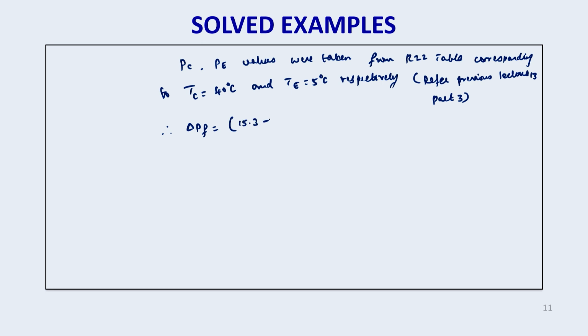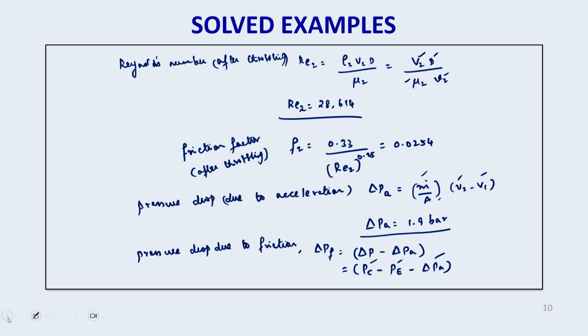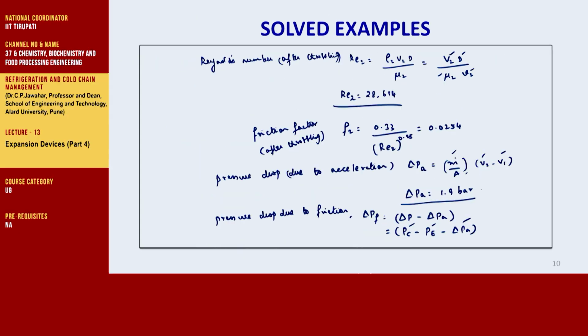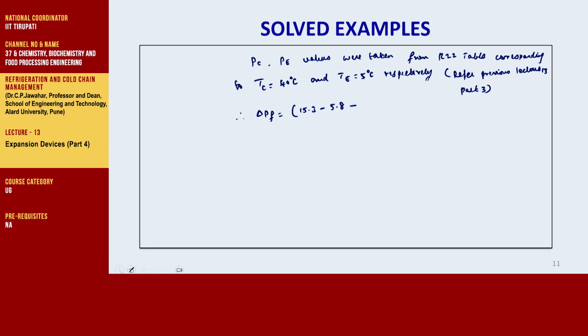So 15.3 bar minus 5.8 bar minus the pressure drop due to acceleration, which is 1.9 bar. Please ensure that all the values are in the same unit.